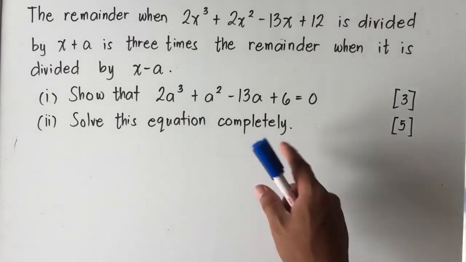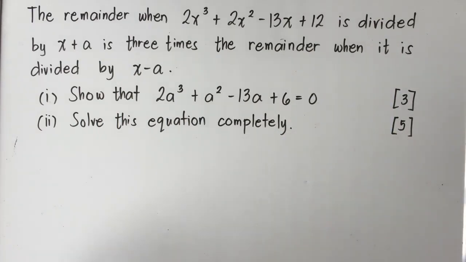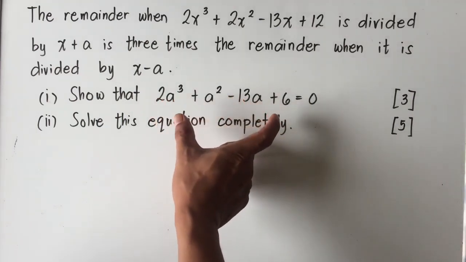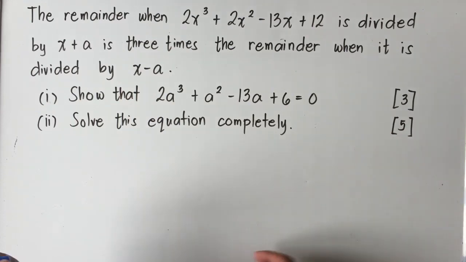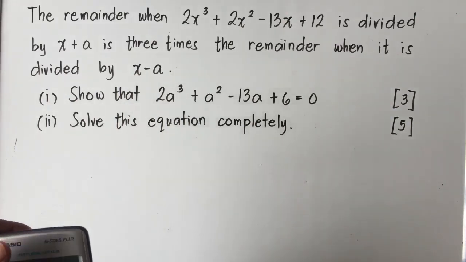It's also very important that you can factorize this expression first, then equate everything to 0. But you cannot do that if you don't have an idea about the factor theorem. But I will give you a basic tip on how to do that.